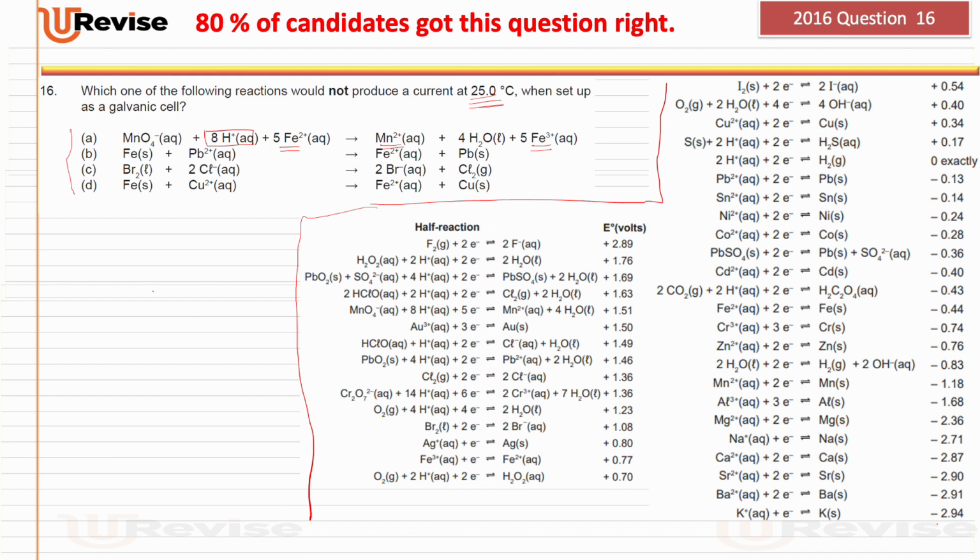Because the H plus ions are just representing the acid, because these reactions must be acidified for us to get the reduction of the permanganate ion from +7 to +2.